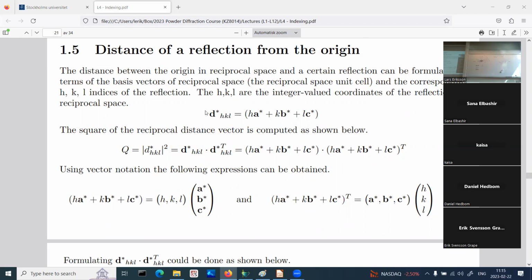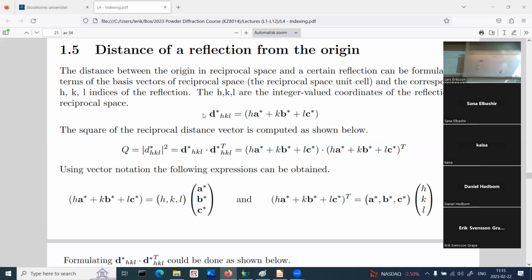So the D value, the distance from the origin to every possible reflection in reciprocal space, we call it D star, or we could say R star. Then define another thing.